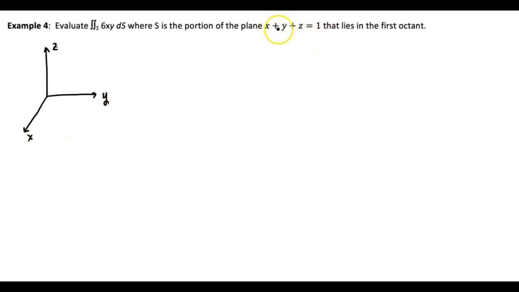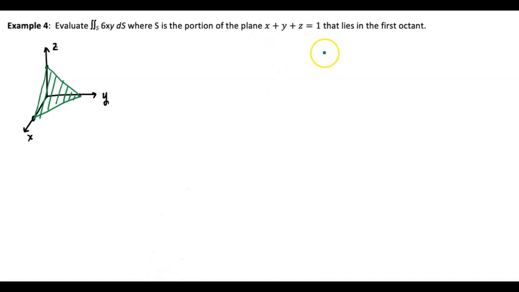But I know that this is just going to have intercepts of (0, 0, 1), (0, 1, 0), and (1, 0, 0). And so my surface is going to look something like this. So this is going to be that surface.